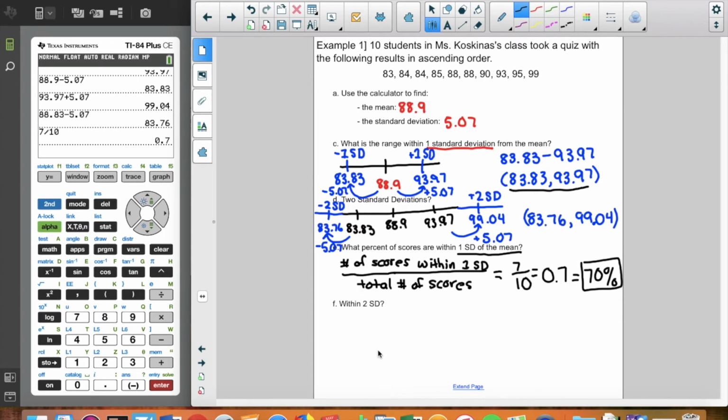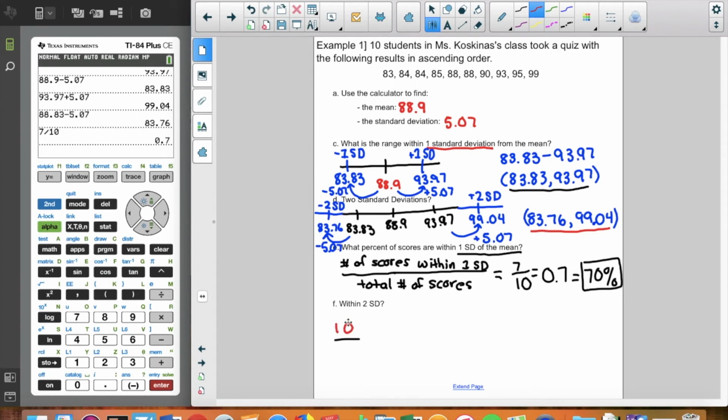So now let's see how many lie within two standard deviations. So make this a different color. Our two standard deviation range was 83.76 to 99.04. So to get there, what we have to do is we have to look at these. So 83 is in that range. So it's 84, 85, 88, 90, 93 is in that range too, 95, and so is 99.